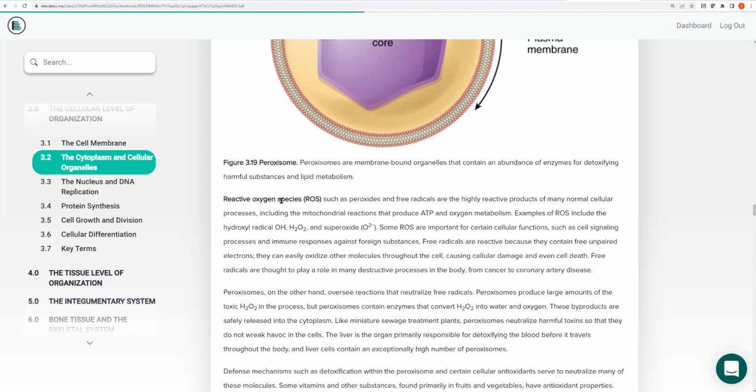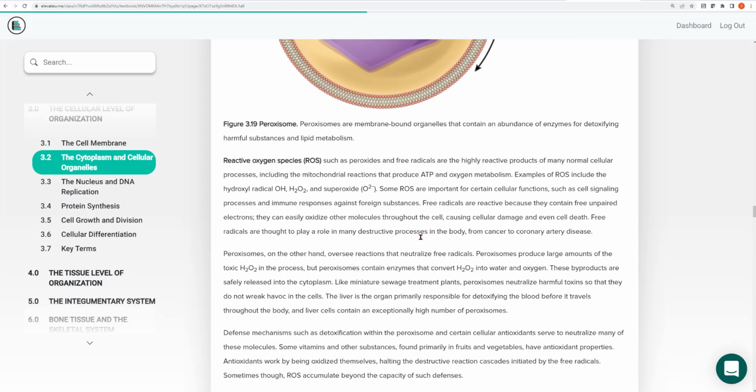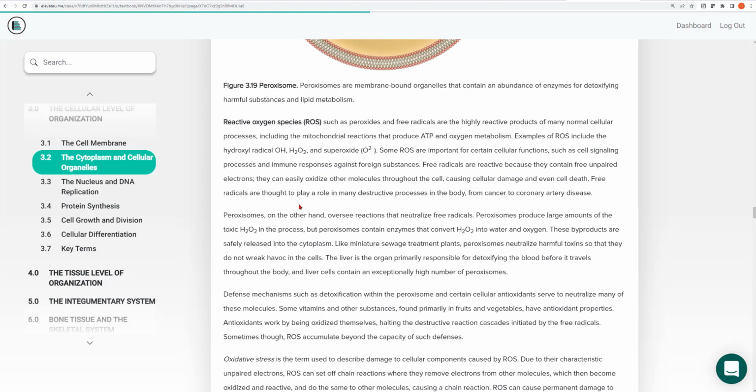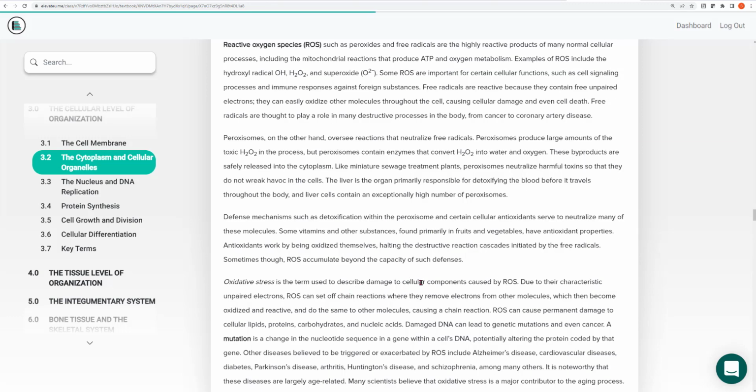So again, these reactive oxygen species are molecules that are produced just by our metabolism, by breathing, by cellular metabolism. We're creating these molecules, and these molecules are damaging to our cells. Again, that's why we take antioxidants, and that's why our body produces peroxisomes on our behalf to help fight against these reactive substances.